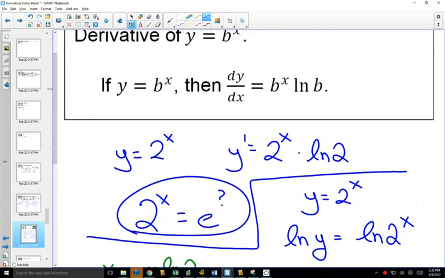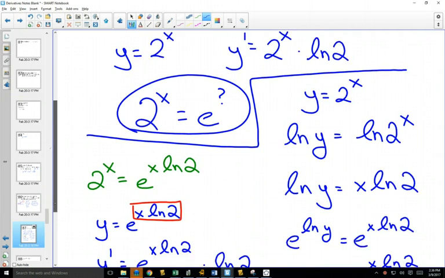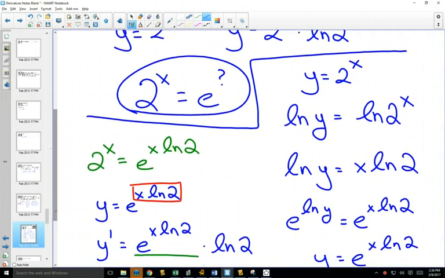When doing the derivative of any base to the x, you keep that base the same and then multiply by the natural log of that base. And what we did underneath was sort of a proof of why that works. Yes? No, you won't have to. Well, not this year. Maybe in your university classes they may ask you to prove some things, but this is the idea. If you had to prove it, what would we do?